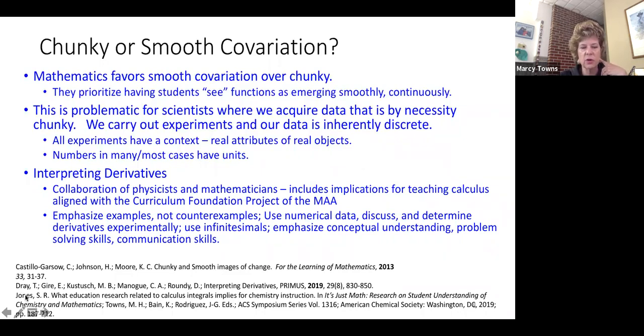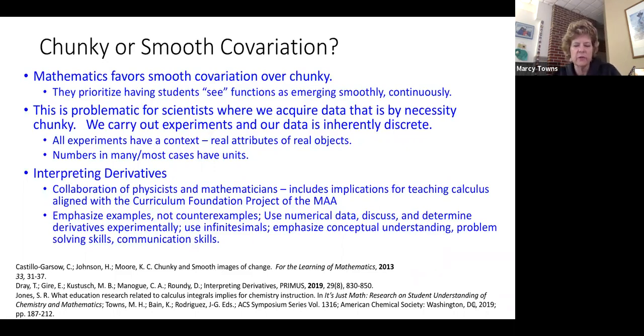And then Stephen Jones wrote a chapter for us in an ACS symposium book called It's Just Math, Research on Student Understanding of Chemistry and Mathematics. But what Stephen really tried to do was help chemists understand, from calculus research, what that implies for chemistry instruction.